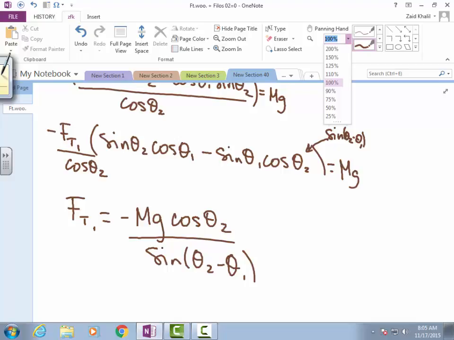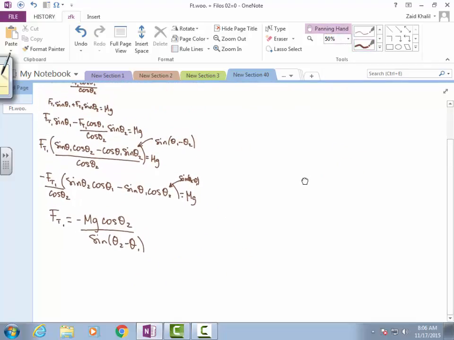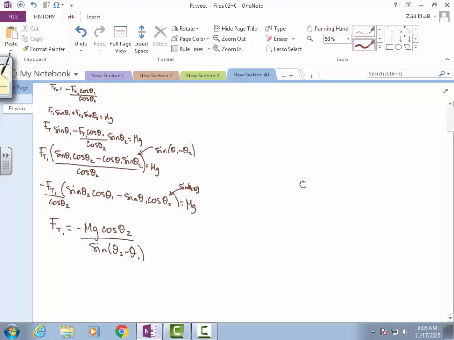But I'm going to go way back, into the way back machine. All right, so this is ft2 in terms of ft1. So ft2 is equal to negative ft1 cosine of theta 1 divided by the cosine of theta 2.